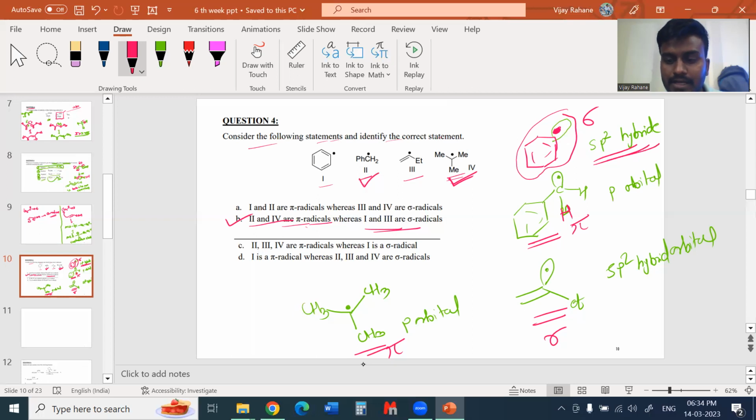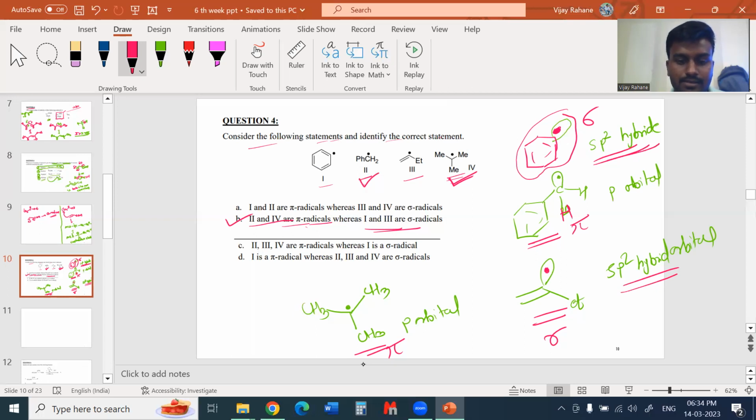In this vinylic radical, the radical is a sigma radical, on the sp2 hybridized orbital, right? So this one is the sigma radical.